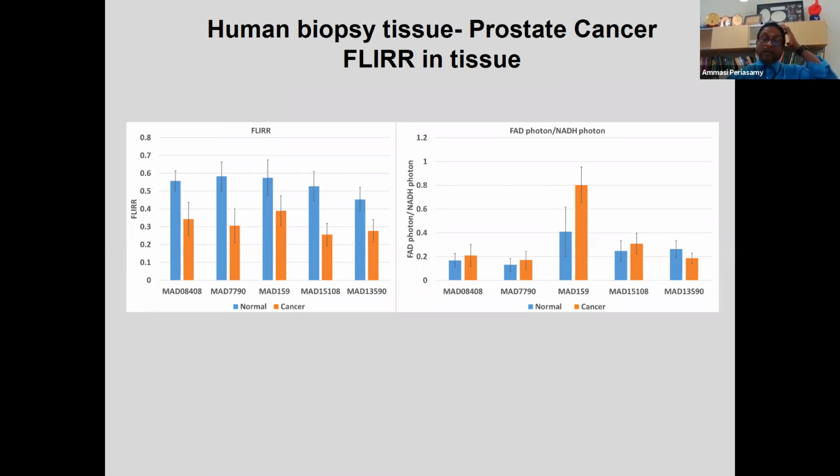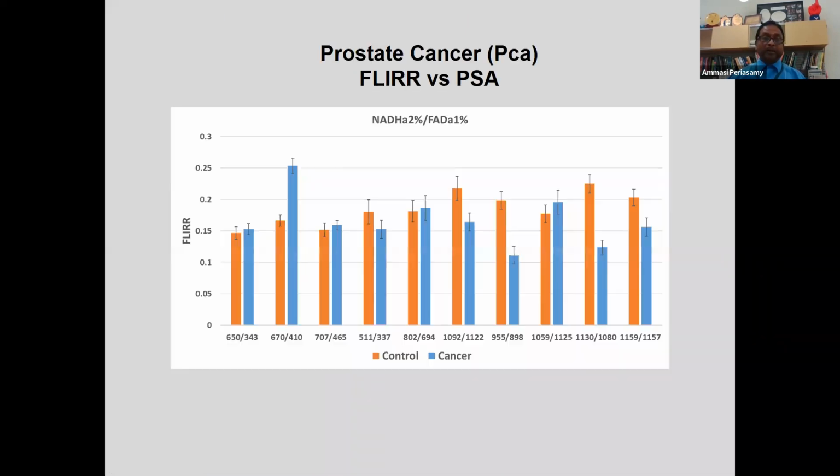So the redox ratio calculation using bound NADH divided by bound FAD really gives you reproducible results. So why do you want to do this kind of calibration and verification? If you want to approach a doctor to get biological samples, you have to demonstrate that this system, this configuration, works. So we tested with clinical samples.